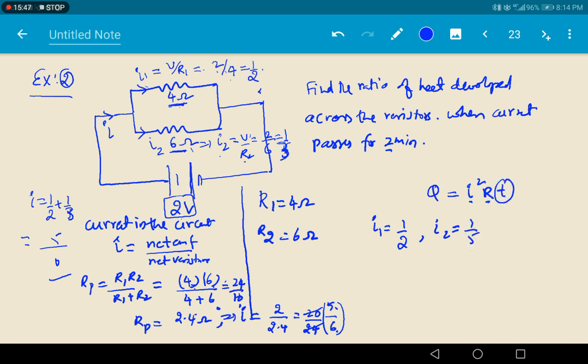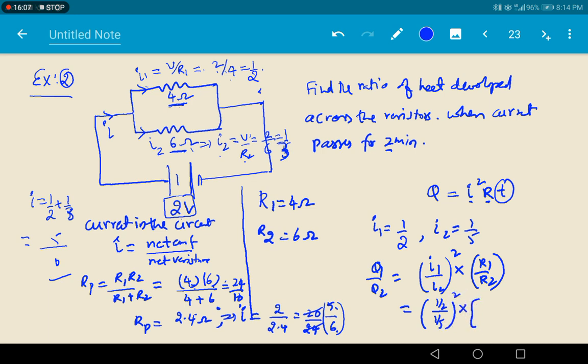So Q1 by Q2 is equals to I1 by I2 whole square into R1 by R2. Substitute the values. I1 value 1 by 2 by 1 by 5 whole square, R1 by R2 4 by 6.